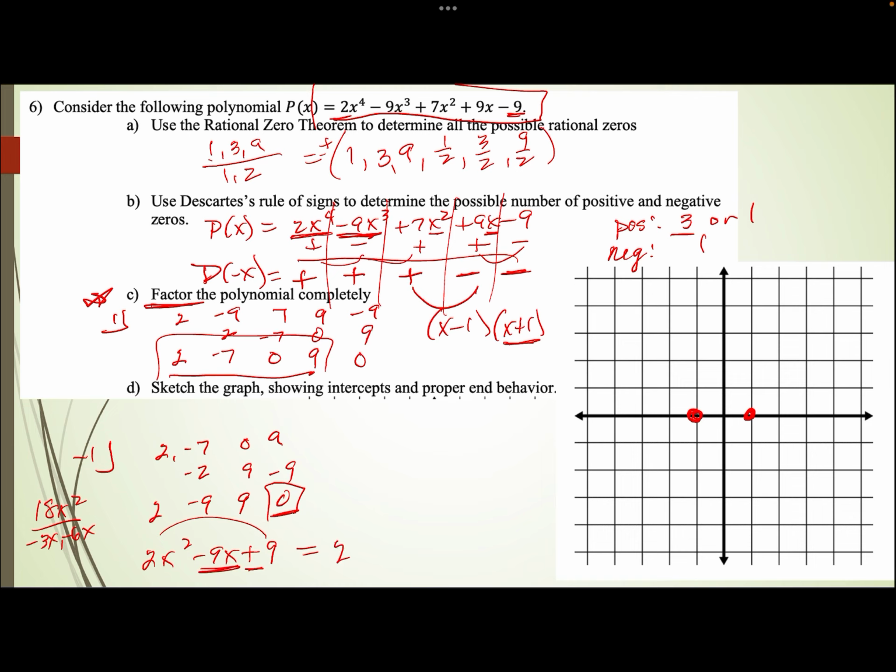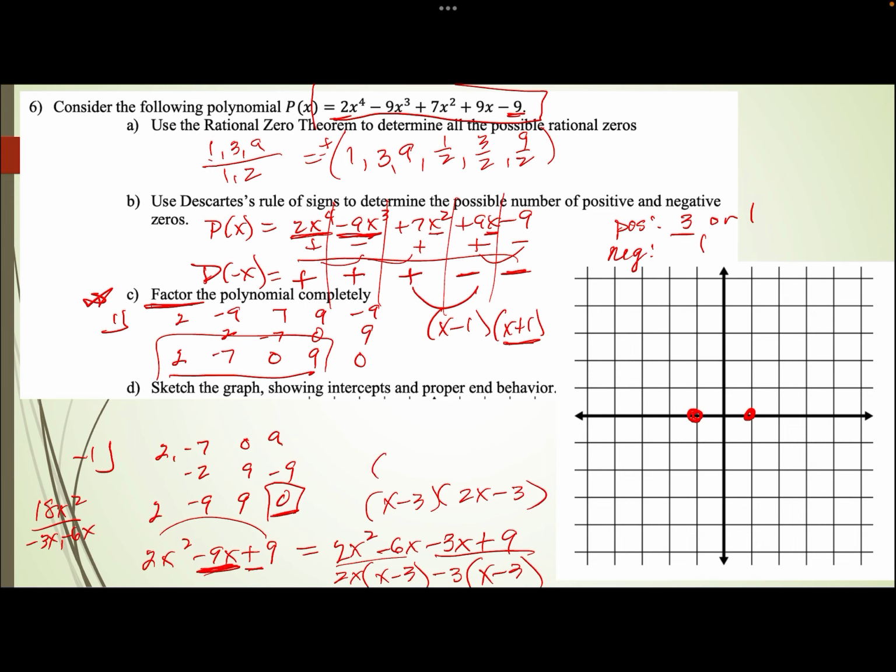I'm going to replace this with -6x minus 3x. So out of here, I can pull out a 2x, and I have x minus 3. Out of here, I'm going to pull a minus 3, and I have x minus 3. So now my other two factors are x minus 3 and 2x minus 3.